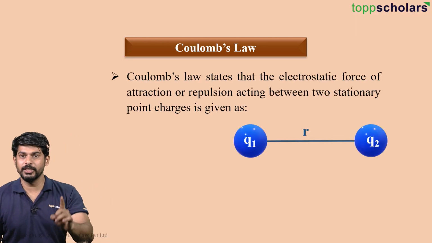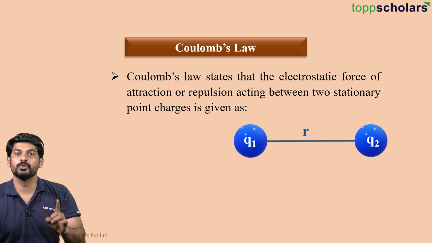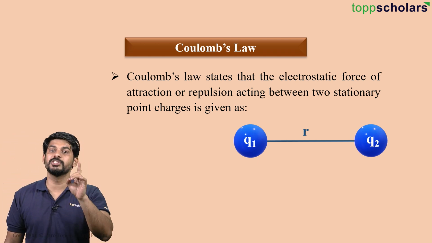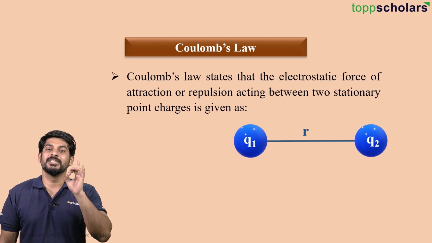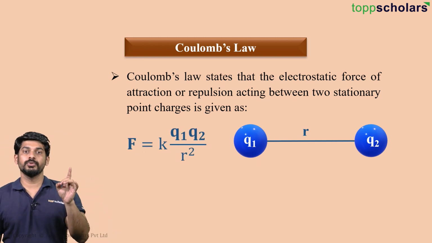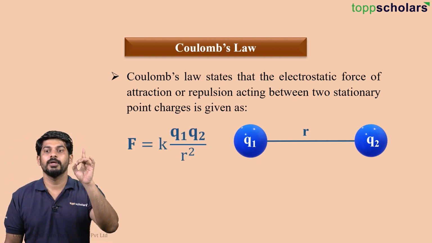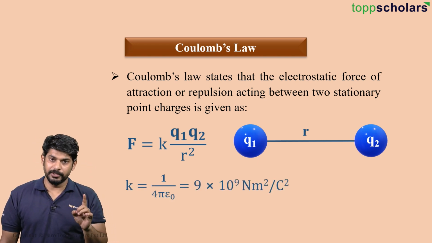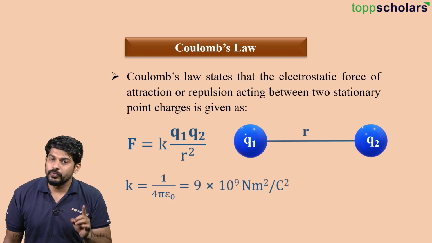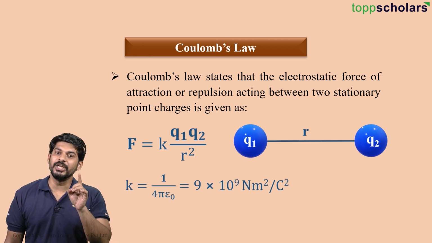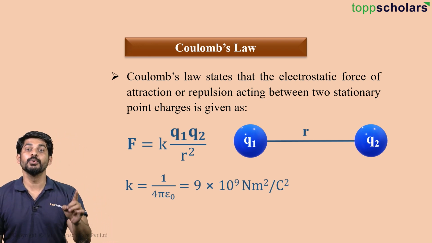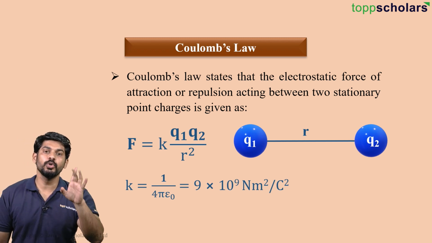So basically Coulomb's law states that the electrostatic force of attraction or repulsion acting between two stationary point charges is given as F = k Q1 Q2 / r squared, where k is a constant whose value is 1 / 4 pi epsilon naught, which is equal to 9 x 10^9 Newton meter squared per Coulomb squared.